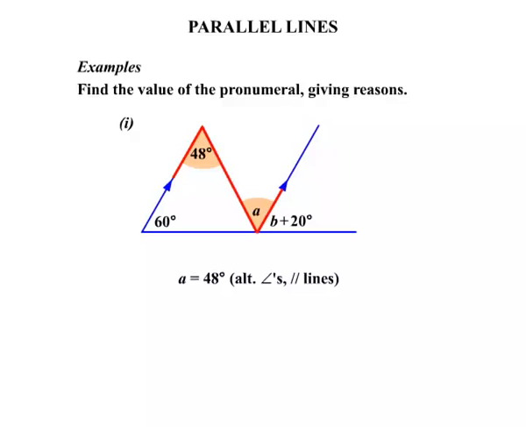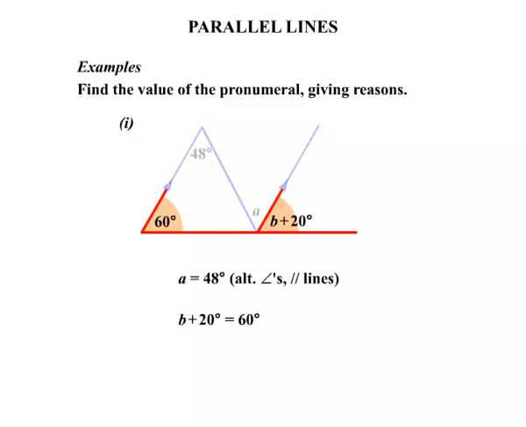Excellent. Now, let's turn our attention to B. In fact, B plus 20 degrees, okay? Now that matches with the 60 degrees. Why? Well, let's trace out the angles and have a look. We can see we have the F angles, which are the corresponding angles. So we can say that B plus 20 degrees equals the 60 degrees.